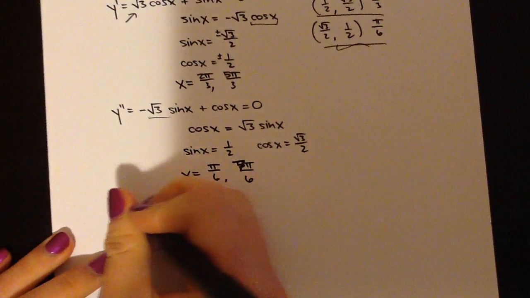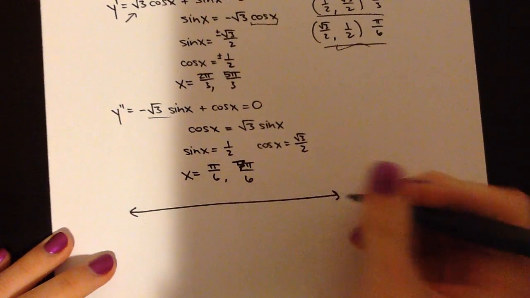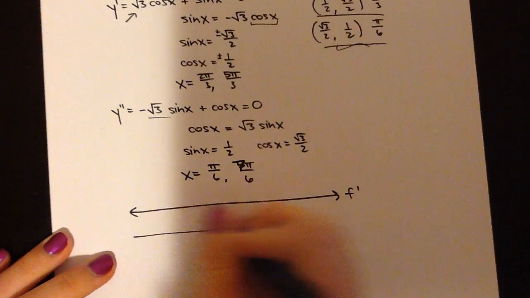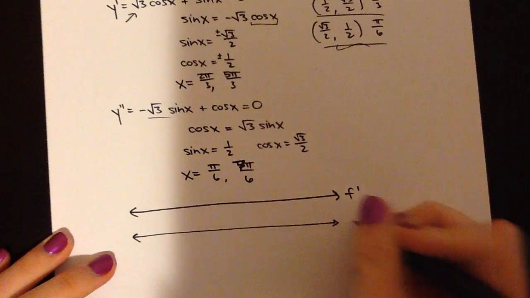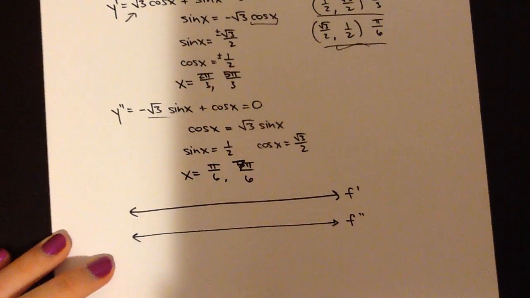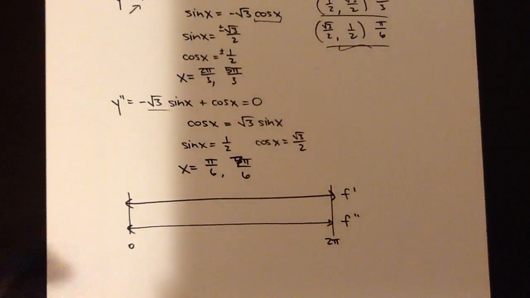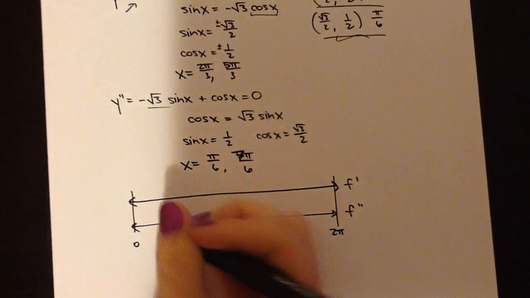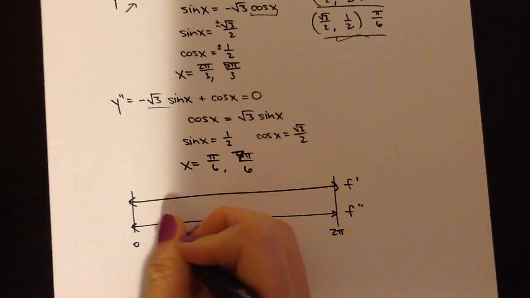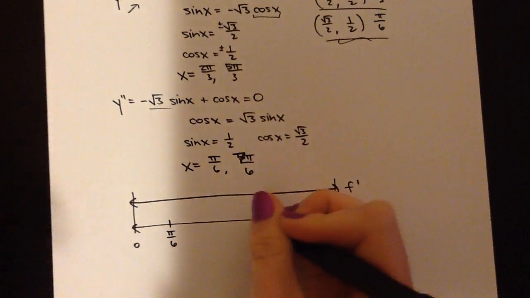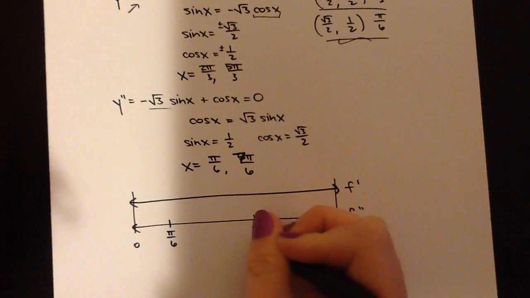So I'm going to set up a really nice double sign chart here. Okay, so I have this natural marker at the end here, 0 and 2 pi. Then I'm going to extend everything a little bit. So f double prime is blocked here, and then right about here, it's 7 pi over 6.